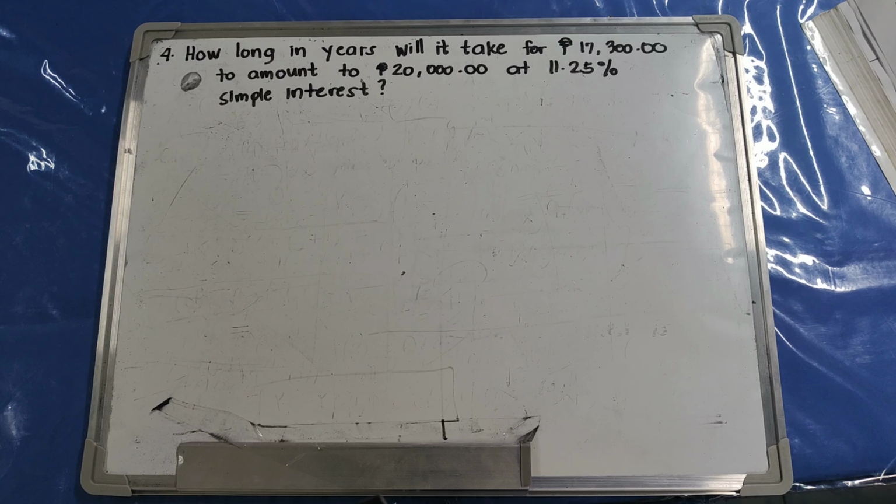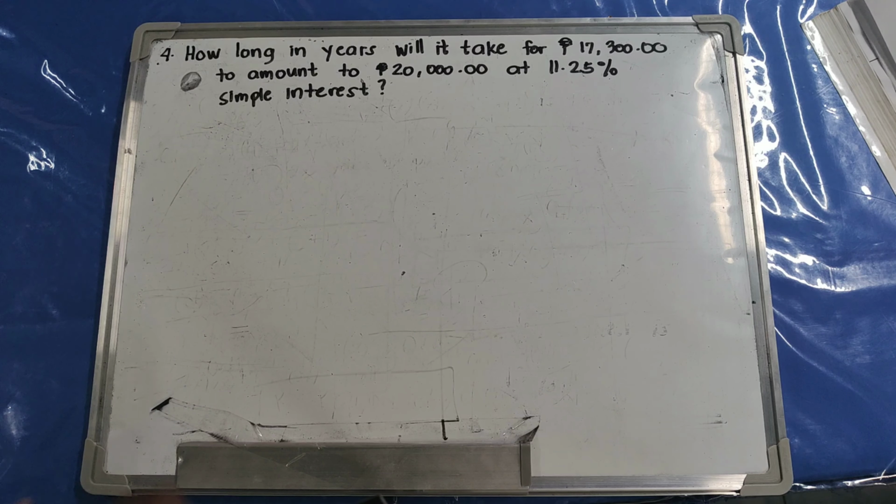Okay, so how long will it take for 17,300? So meaning, our 17,300 is our principal. And after how long will it become 20,000 pesos? So meaning, after a certain number of years, that 17,300 will become 20,000 pesos. How long? So meaning, our 20,000 pesos is our future value.